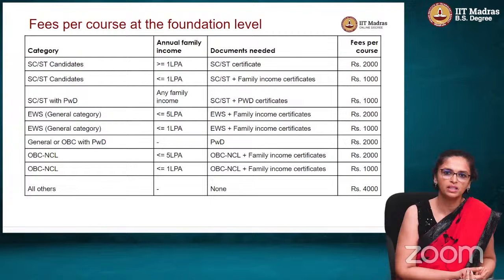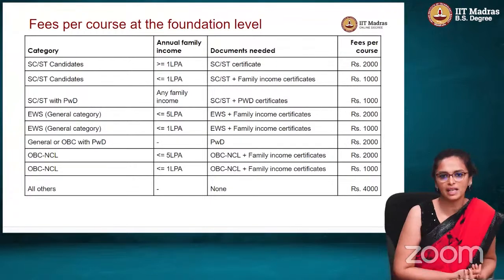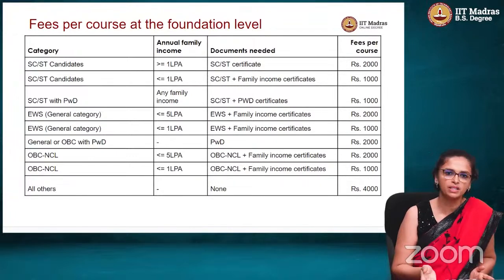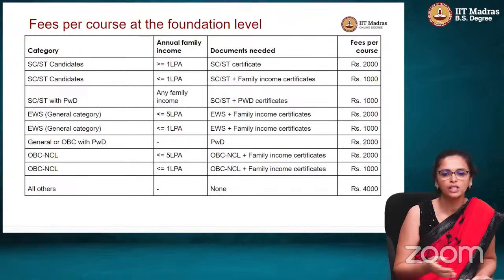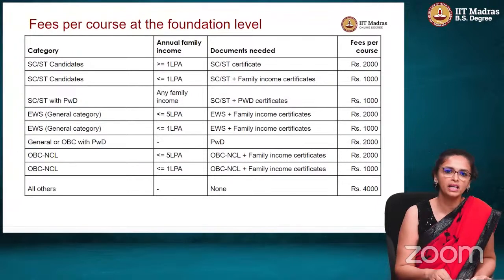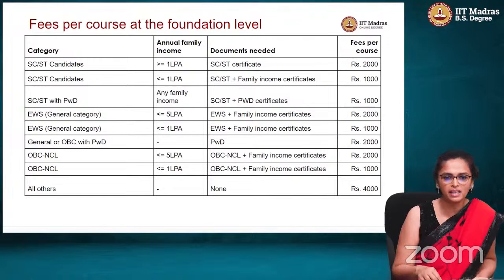So one thing I'd like to remind you, the 32,000 for the foundational level, or appropriately what you would pay for your category, need not be paid to us at the beginning when you enter the program. You will pay only for as many courses as you register to in every term.